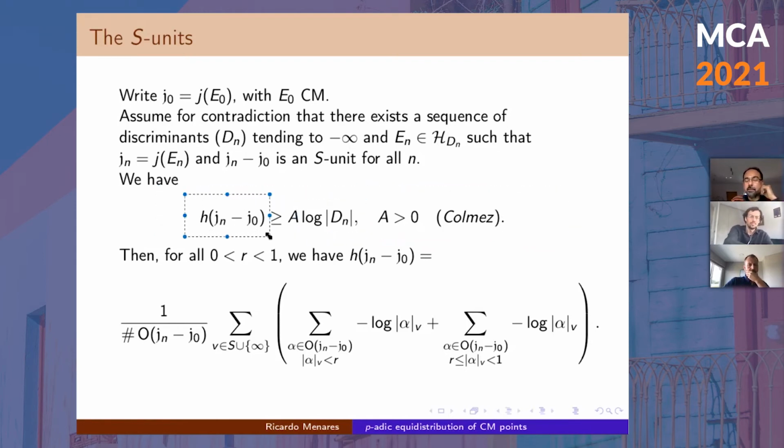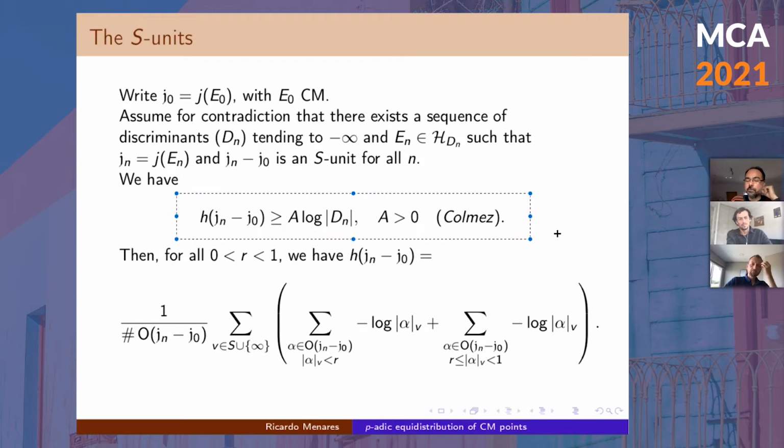This is not the Faltings height, this is just any Weil height, but Faltings height and Weil height are roughly comparable. So if you have this estimate for the Faltings height, you also have it for any Weil height. Colmez's formula is true for fundamental discriminants, so you need to do some more work to make this bound true for arbitrary discriminants, but it has been done by other people.